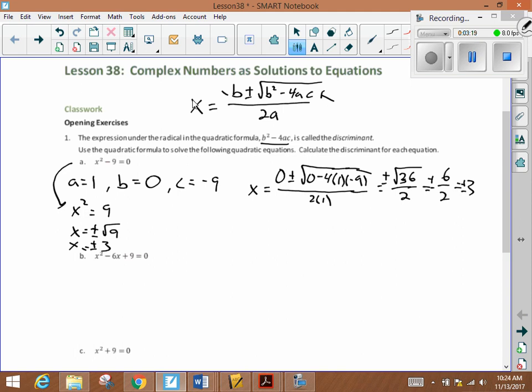So what was our discriminant for this one? The discriminant was 36. Just pointing it out. It's not really part of the answer. Just pointing it out for you guys.